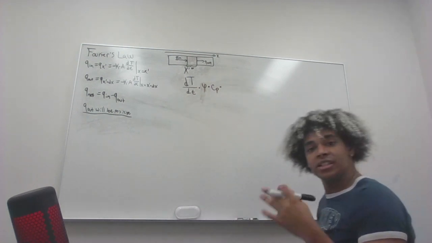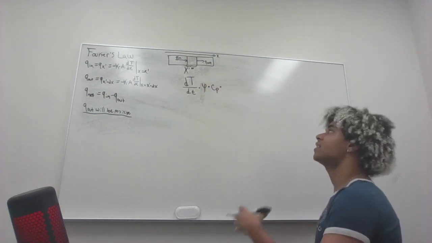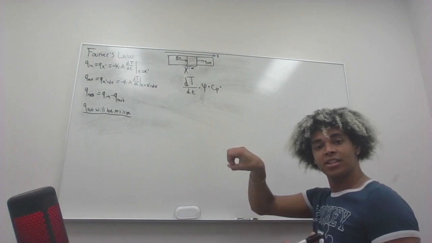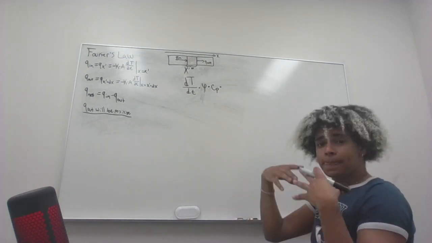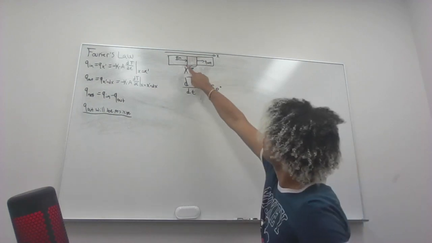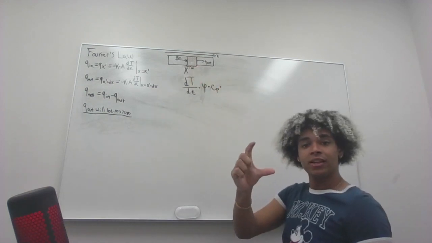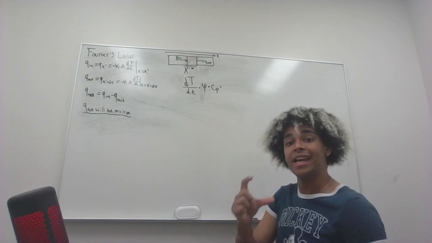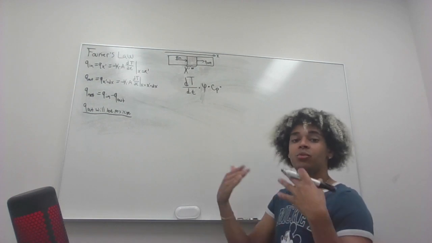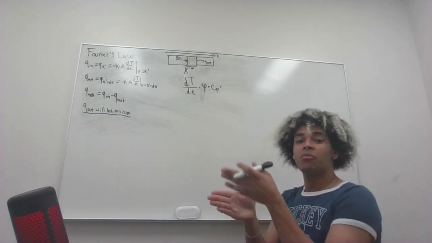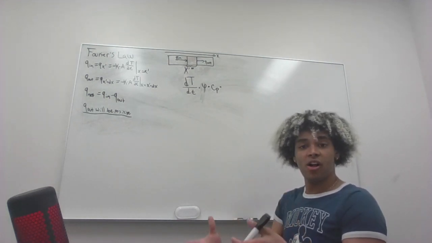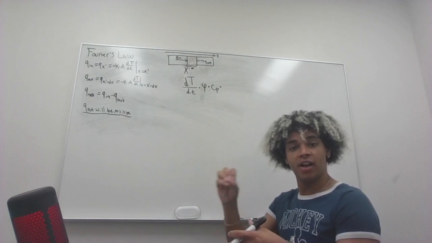There's some density associated with that metal bar. There's going to be some specific heat associated with that metal bar. And then we also need to take into account the cross-sectional area of that metal bar, but also the total amount of that bar, aka dx, that we're looking at, which would technically be the cross-sectional area times dx, giving us dV, the volume of that section of the metal bar.